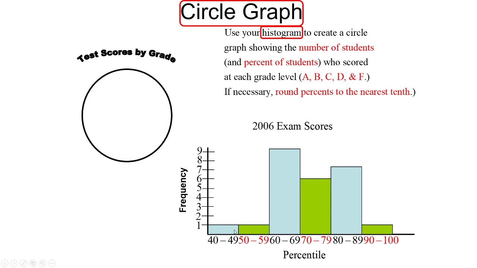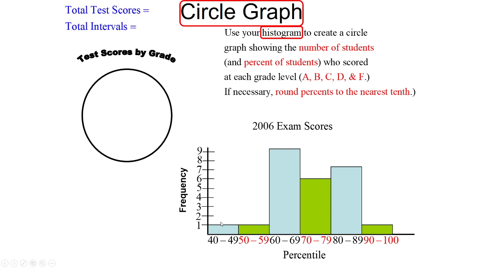We have one student from 40 to 49, and that's 1 out of 25. So I need that as a percent. Can I just go 1 divided by 25? On your calculator, let's go 1 divided by 25, and that's going to give me 0.04, and you guys should be able to convert a decimal to a percent.